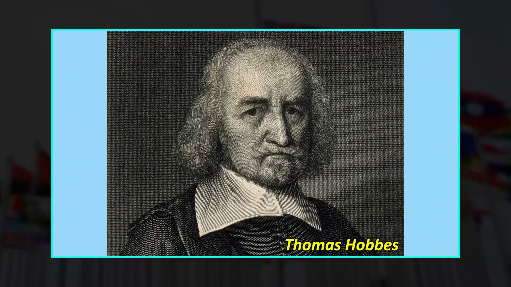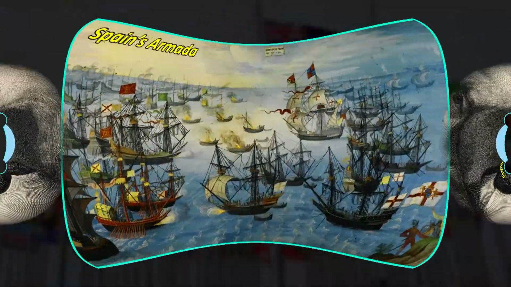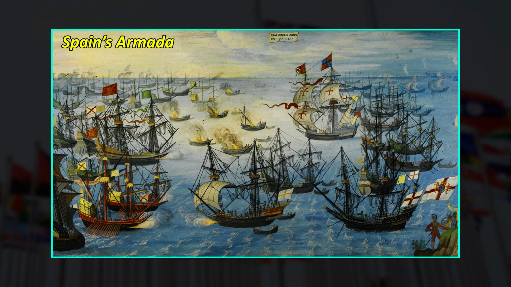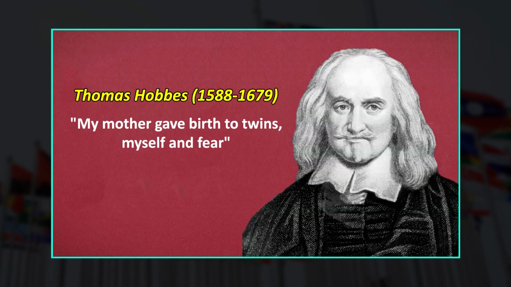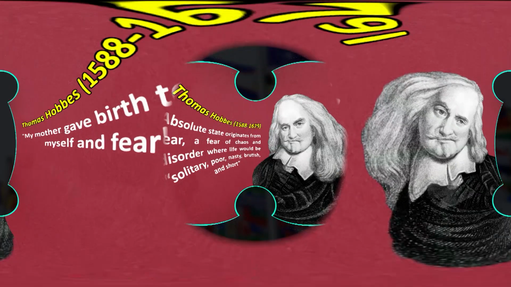Hobbes tells the story that his mother, upon hearing that Spain's armada was about to attack England, had gone into premature labor and gave birth to Hobbes. On the day of his birth, says Hobbes, my mother gave birth to twins, myself and fear.